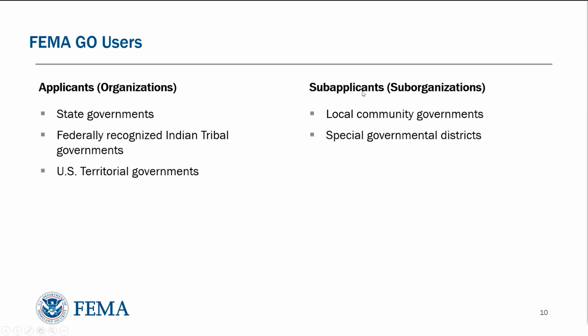So sub-applicants generally refer to local municipalities, so your counties or your cities or your planning districts within a state. And they enter into a relationship with the statewide organization, and that makes them sub-organizations. So we refer to the subrecipients or the sub-applicants here in the FEMA GO system as sub-organizations.